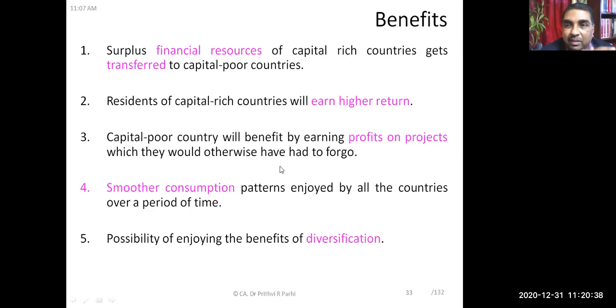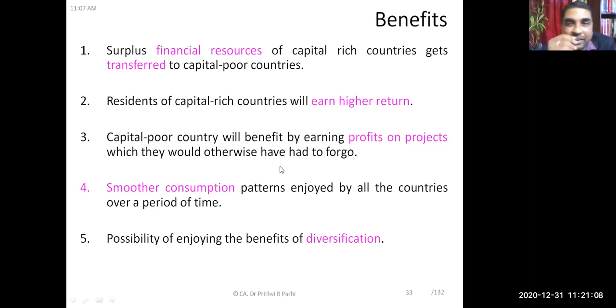Yes, sir. Next benefit is smoother consumption pattern enjoyed by all the countries over a period of time. Throughout the globe, you can find consumption pattern becoming smoother. Why do you say becoming smoother? Because products and services are available at a cheaper rate.